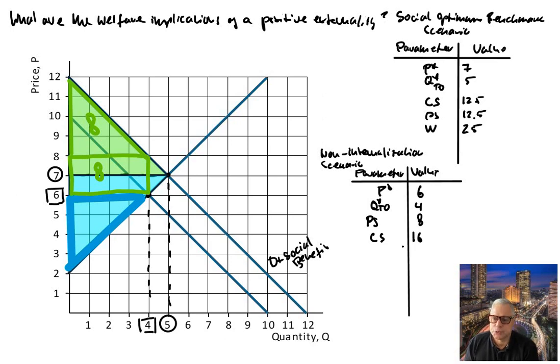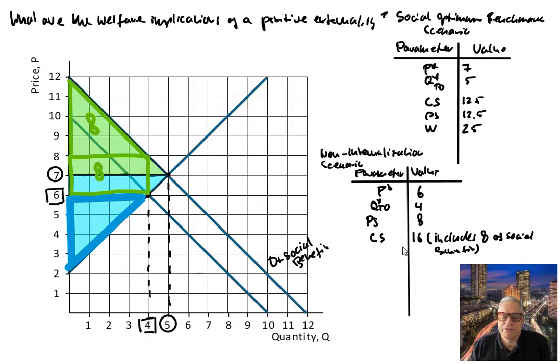So consumer surplus of 16 includes 8 of social benefit. Okay.